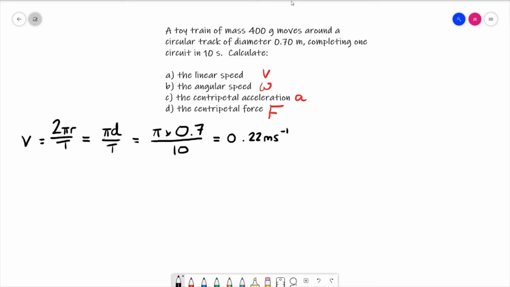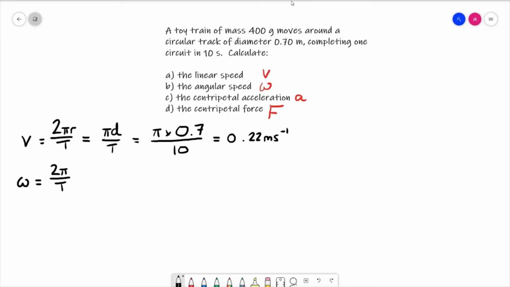For the second part, the angular speed, we've got a couple of different ways that we can go about it. For the purposes of this question though, I'm going to use omega is equal to 2 pi over t. We could very easily have used omega is equal to v over r, but I'm going to avoid that because v here has been calculated and therefore has been rounded.